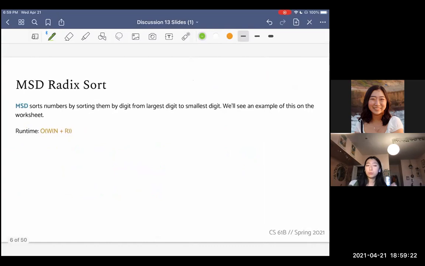MSD radix sort is super similar. It does pretty much the same thing as LSD, except we're going from largest digit to smallest digit. And we'll see an example of this on the worksheet again, so I'm not going to run over exactly how it works. But no matter what words we have, we just know we're going to be sorting here and then moving over to smaller digits as we go.